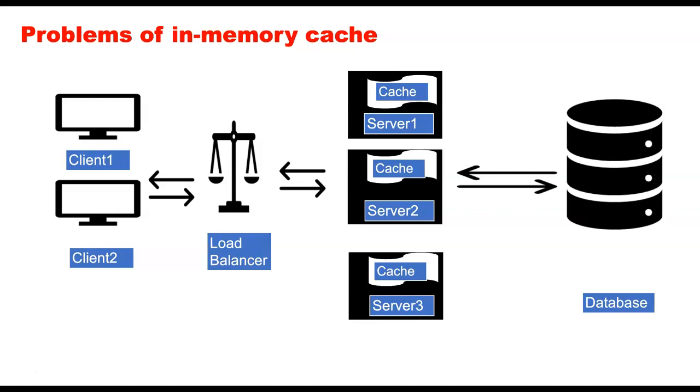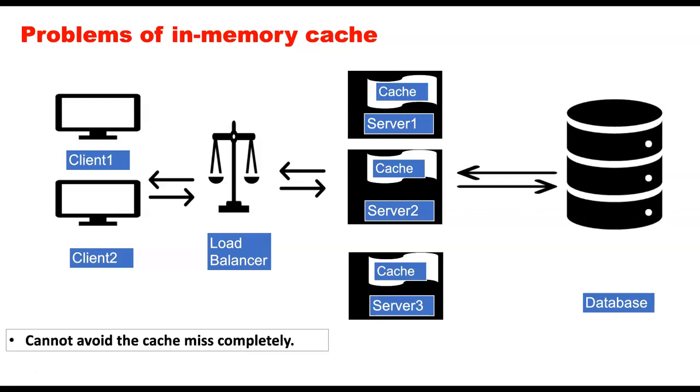Server 2 has no information about it, because server 1 served that request and cached it. So server 2 will directly talk with the database, fetch the information, store it in its cache and give it back to the client. That means we are not able to avoid the cache miss scenario completely when we have horizontally scaled application servers with in-memory cache.